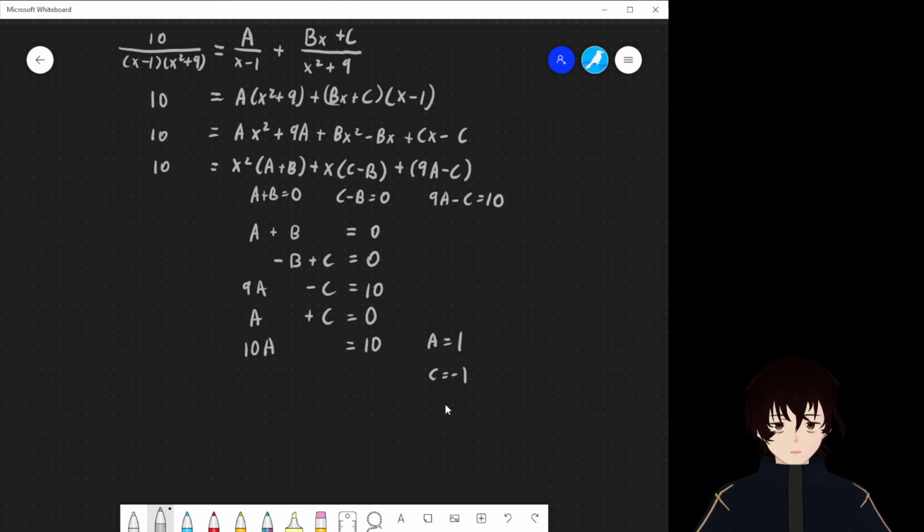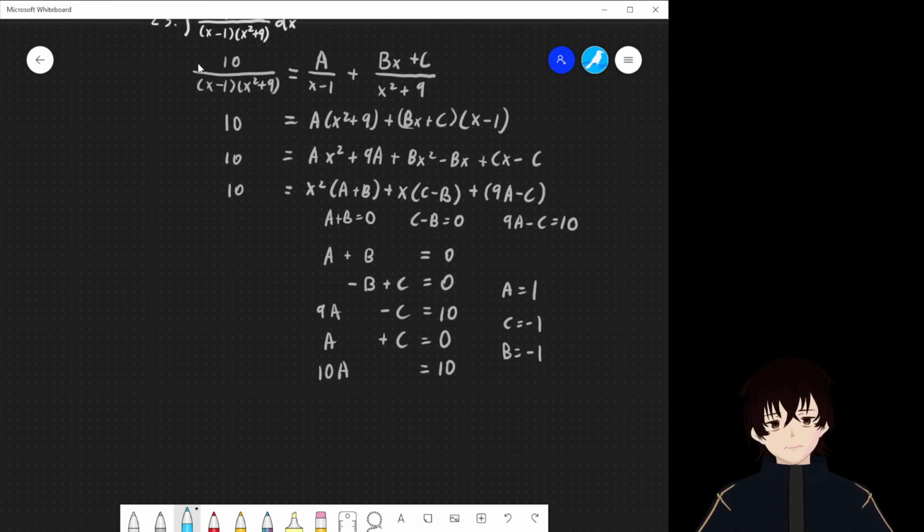If C is -1, B has to be equal to -1, because of this part. None of these conflict. Yeah, B has to be -1. I don't know why I did what I just did.